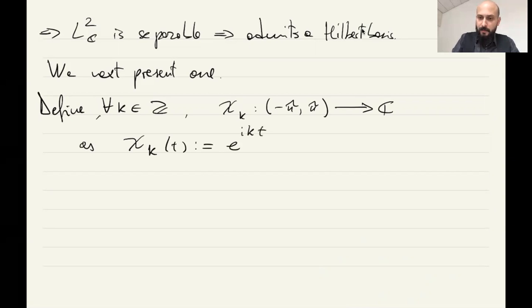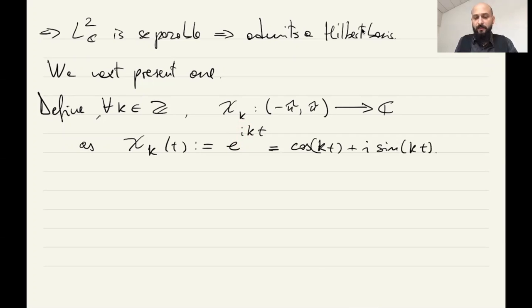Now this is complex notation, complex i. If you want to split it into a real and an imaginary part, this is the same as saying cosine of kt plus i sine kt.